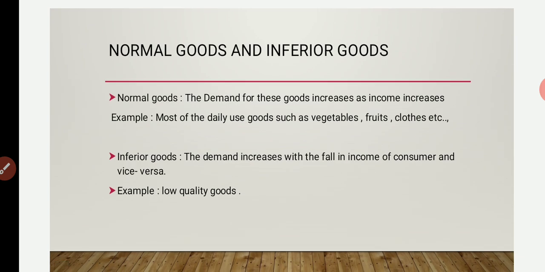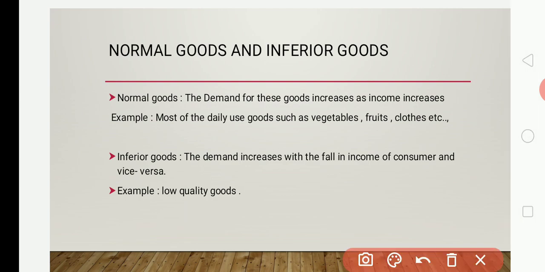Normal goods are goods for which demand increases as income increases. Examples are most of the daily use goods such as vegetables, fruits, clothes, etc. Let me explain. Previously we explained demand with price.